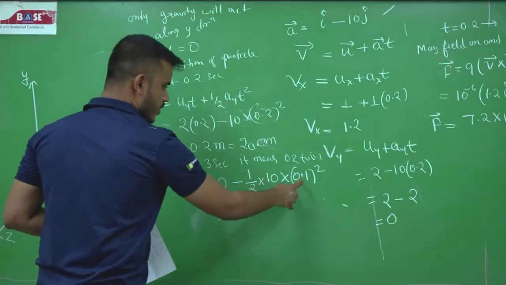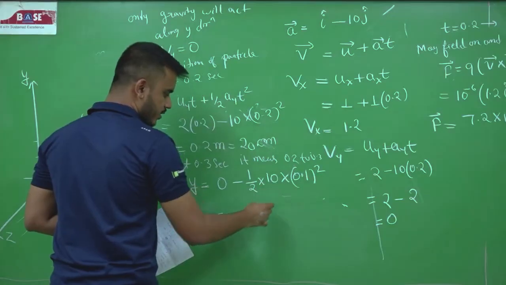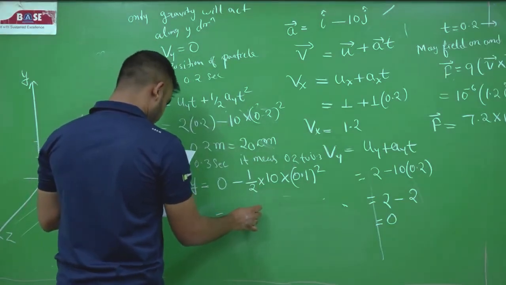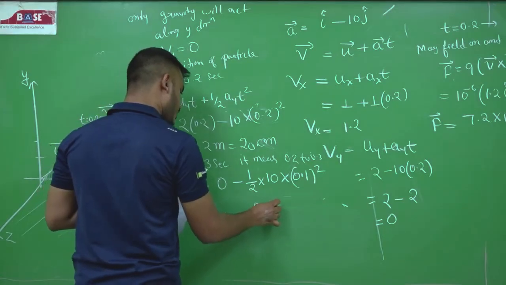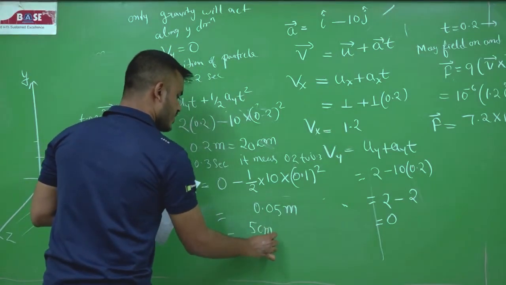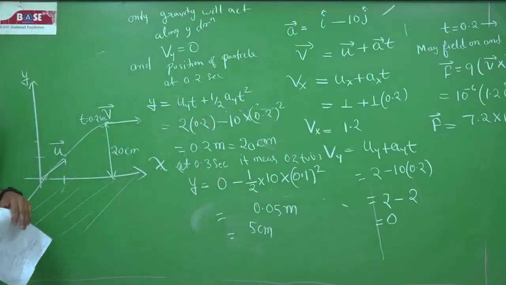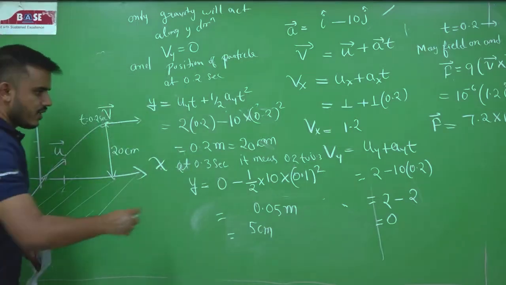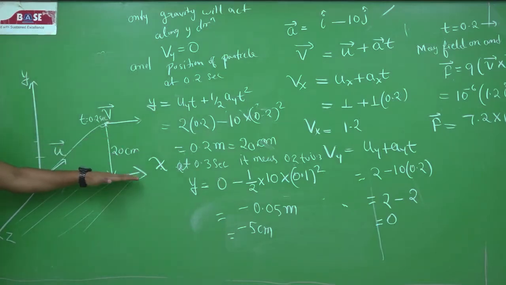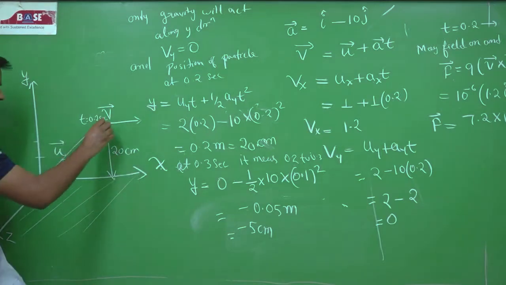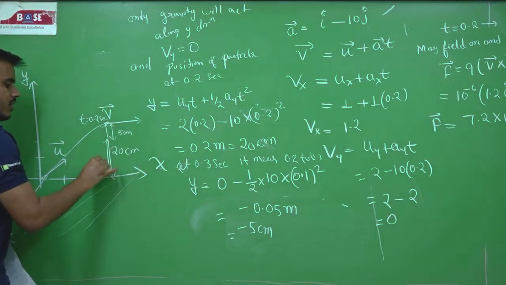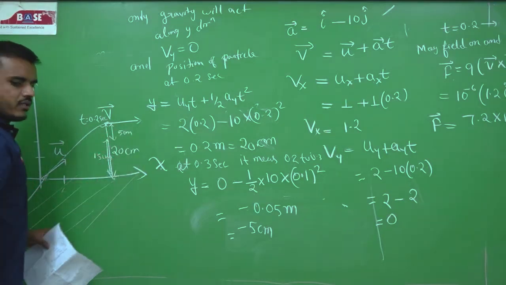From here you can see 0.01 into 10, so 0.1 upon 2, so I will get 0.05 meter. It means 5 centimeter displacement will be there. Because the minus sign is here, the displacement is negative. So from the xz plane, the particle is coming 5 centimeter down, so I can say the height of the particle is 15 centimeter.